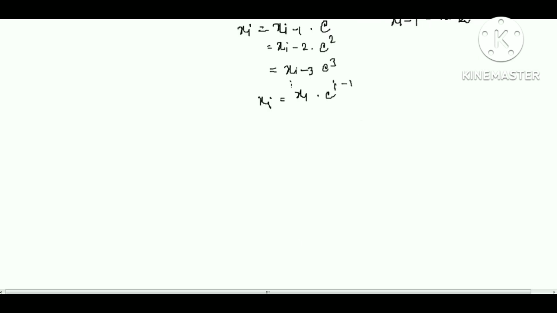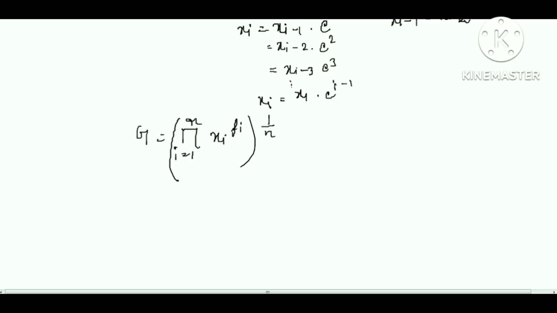Now we know that the formula of the geometric mean G equals the product over i from 1 to r of x_i to the power f_i, whole to the power 1 by n. This is the formula of the geometric mean.